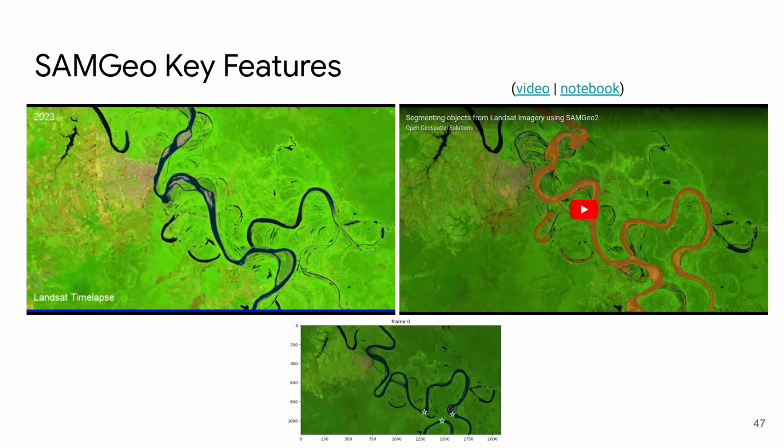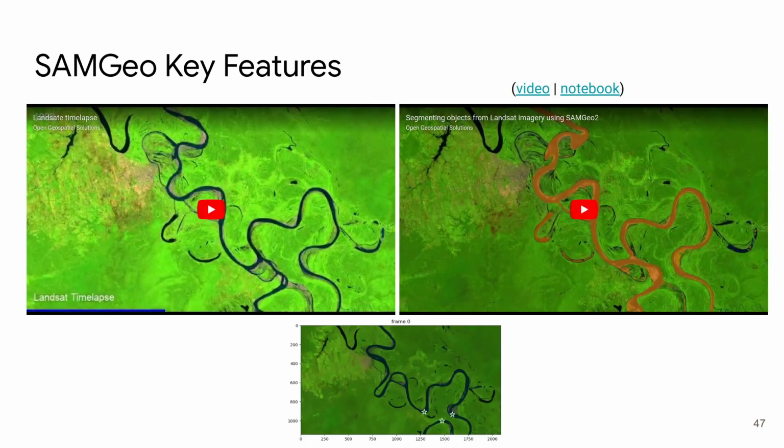So just 3 points in the first year. You can do 1 point or 2 points, it's up to you. You can add more points. But the idea is that all I need is to provide 3 points in the first frame, extract the river, and then you propagate for all the time series. So you don't have to provide training points for all the time series. All I need is just 3 points, and it does it for you because it has memory. It tracks how the object is evolving.